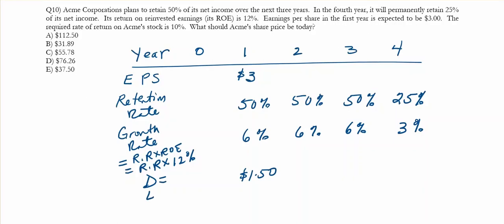So the dividend will be the earnings per share times 1 minus the retention rate, because the dividend payout rate has to be 1 minus the retention rate. And we can find the dividend in year 2 by growing the dividend in the previous year by 6%, and then by another 6%.